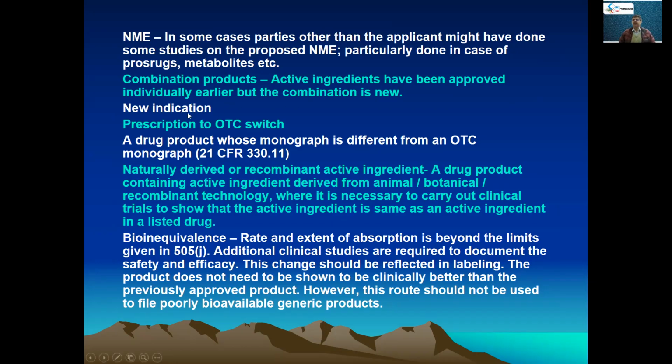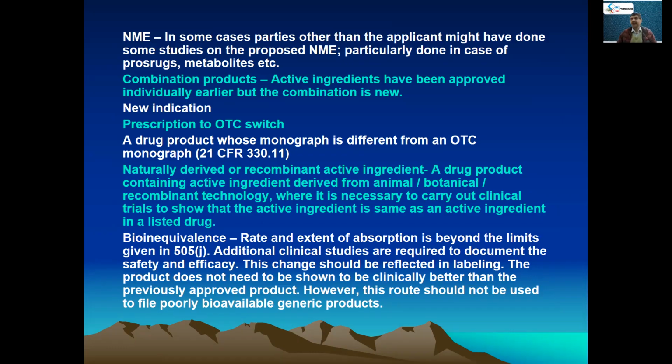A new indication for an existing drug. A very good example could be celecoxib, which is approved for rheumatoid arthritis. Its use for colon polyps is a new indication of an existing drug, which means some additional studies related to effectiveness will have to be demonstrated by the applicant company, and it will go as a 505(b)(2) application.